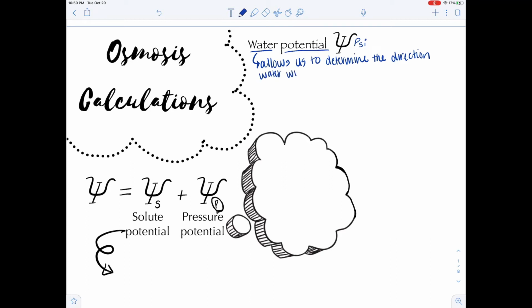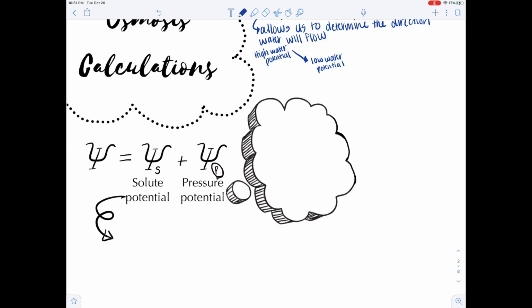Water potential allows us to determine the direction that water is going to flow. Just like diffusion, water is going to flow from an area of high concentration to low concentration. So high water potential to low water potential. And the units that we're going to see with our water potential is going to be bars.